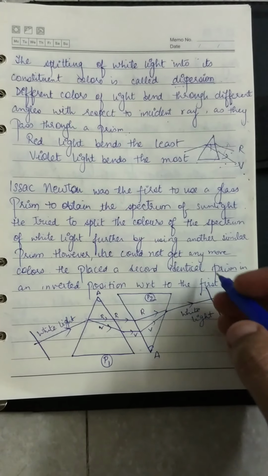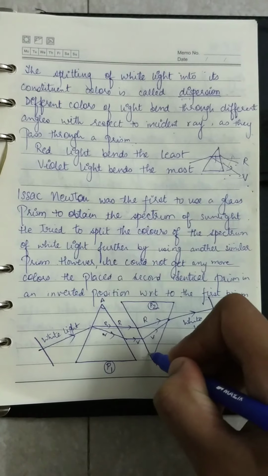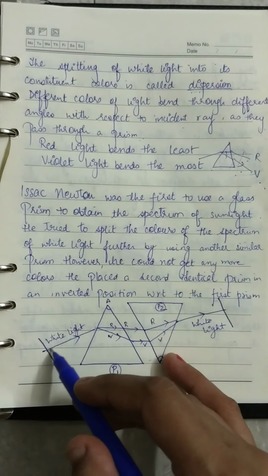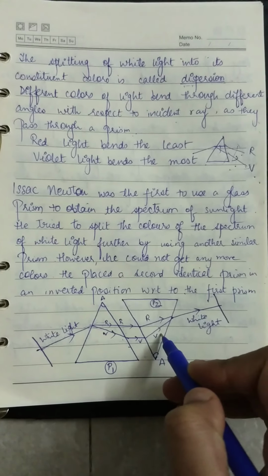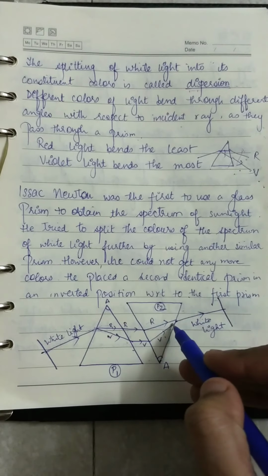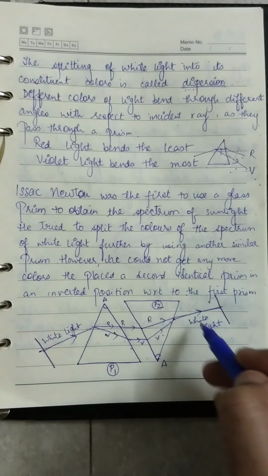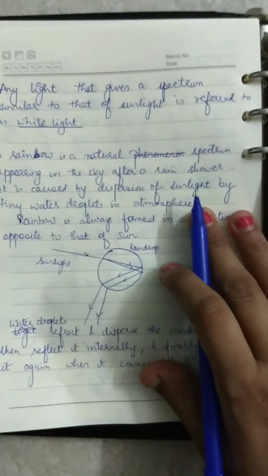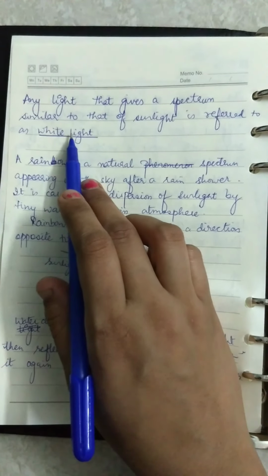So he placed another prism in an inverted position, that means an opposite position. He observed that the white light split into 7 different colors, and through the other prism it emerged and combined to form a single white light. Any light that gives a spectrum similar to that of sunlight is known as white light.